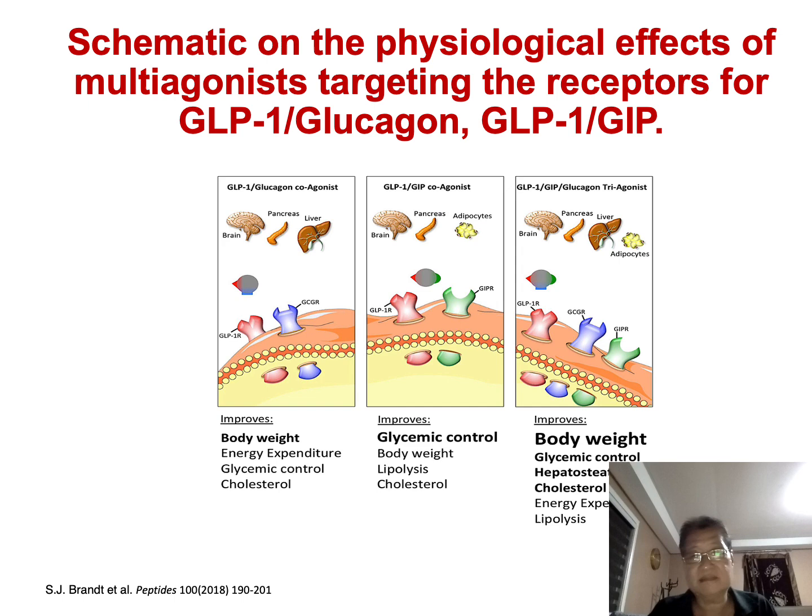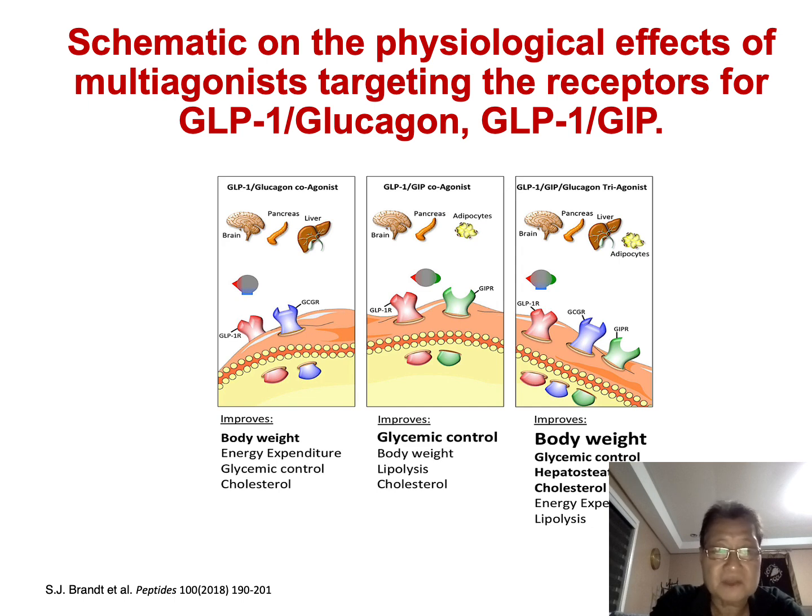So finally, the slides depict the benefit of unimolecular multi-agonists. Depending on which receptors or hormones are involved, for example, GLP-1 glucagon co-agonist, the improvement that we expect to see is more on body weight, but also energy expenditure, glycemic control, and cholesterol metabolism. For GLP-1 and GIP co-agonists, improvement is more on glycemic control.